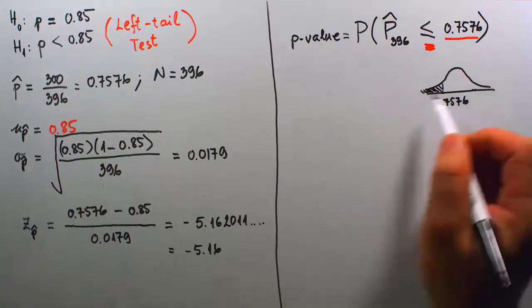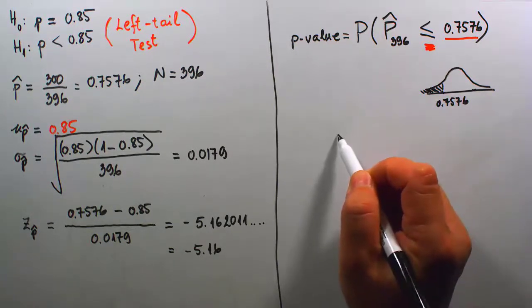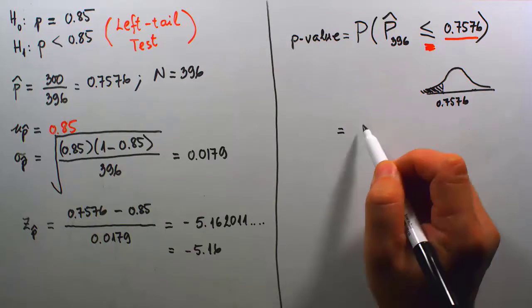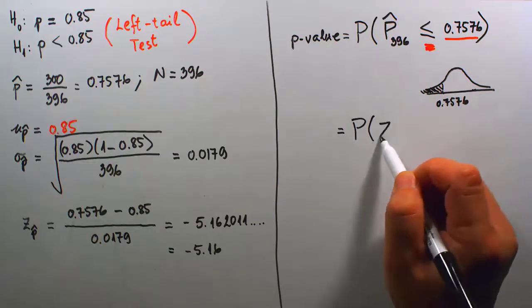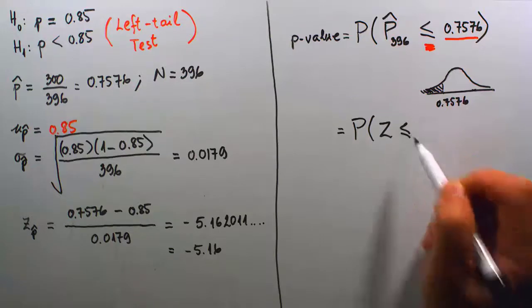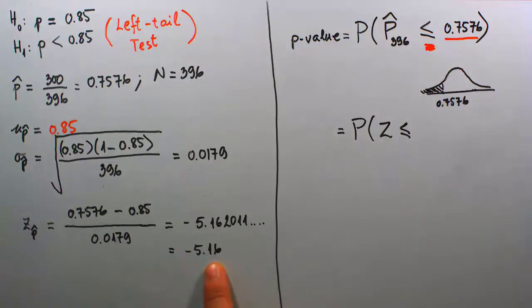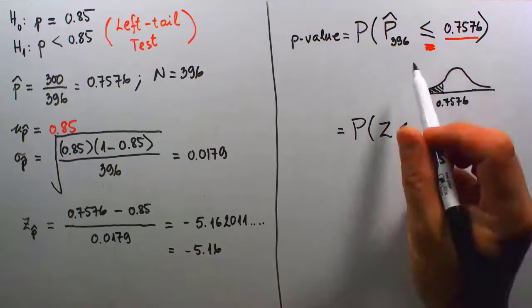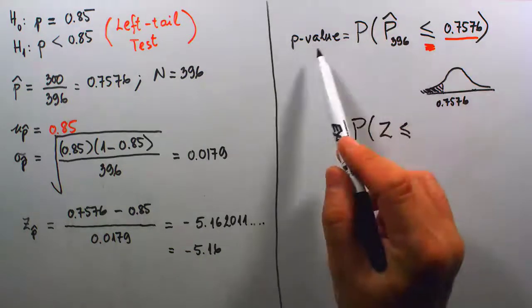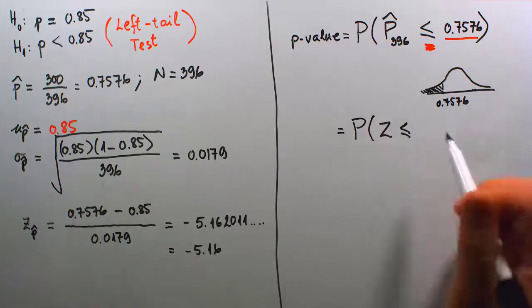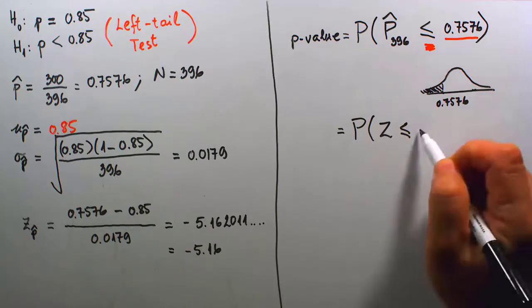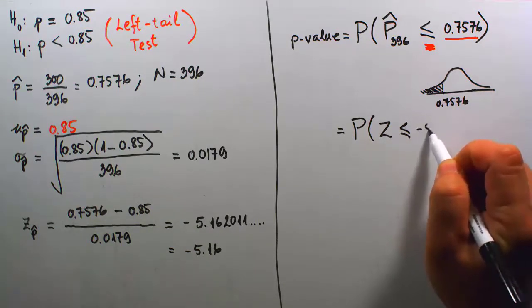But that area is the same as the area on the standard normal distribution where we're looking for z-score less than or equal to negative 5.16. So the p-value is also the same as the area on the standard normal distribution curve where z-score is less than or equal to negative 5.16.